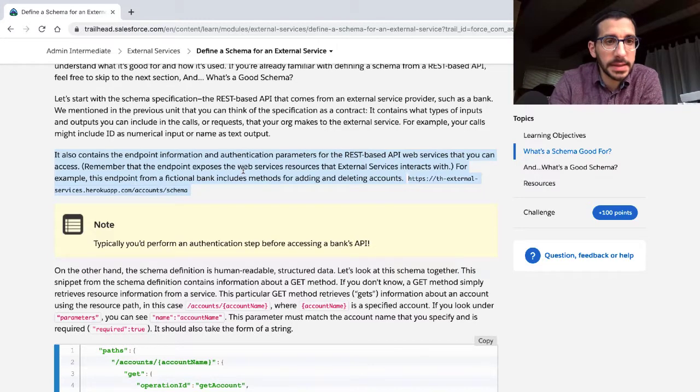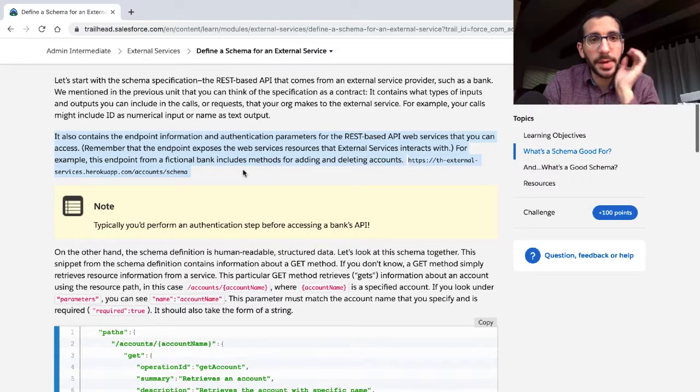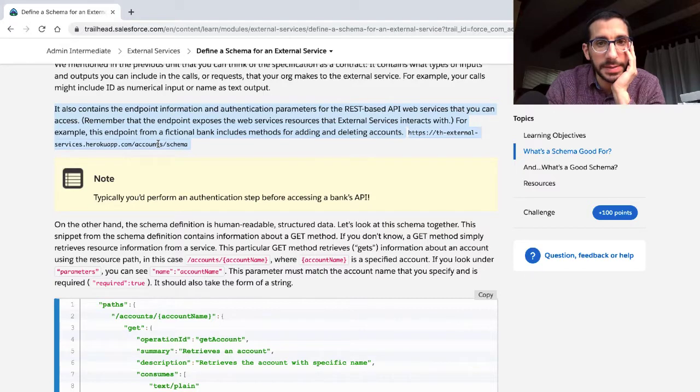It also contains the endpoint information and authentication parameters for the REST-based API web services that you can access. Remember that the endpoint exposes the web service resources that the external services interacts with. For example, this endpoint from a fictional bank includes methods for adding and deleting accounts.